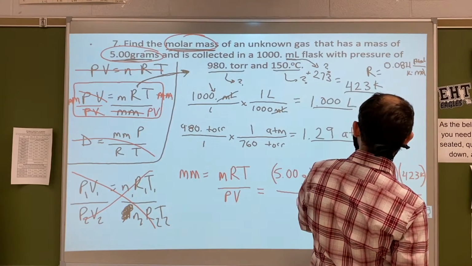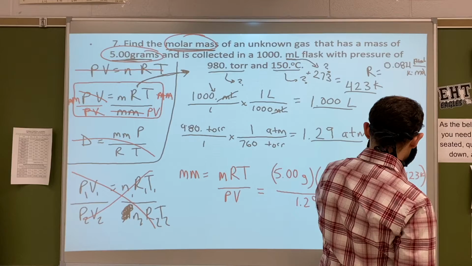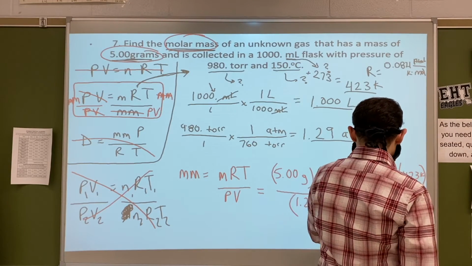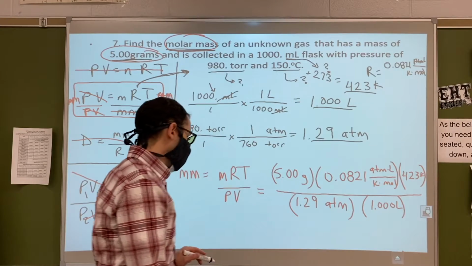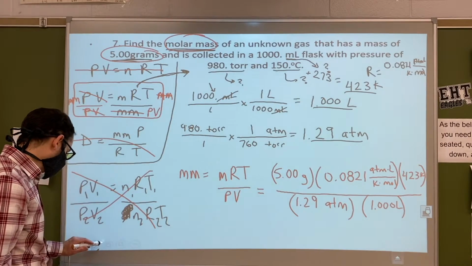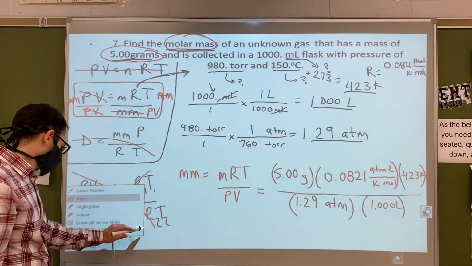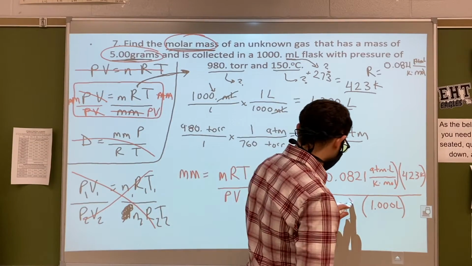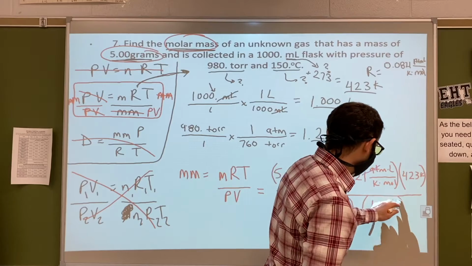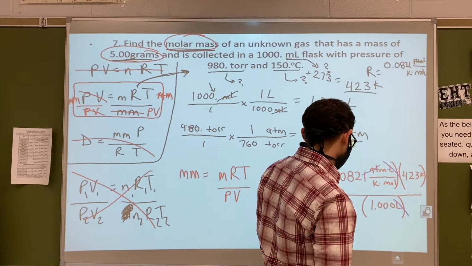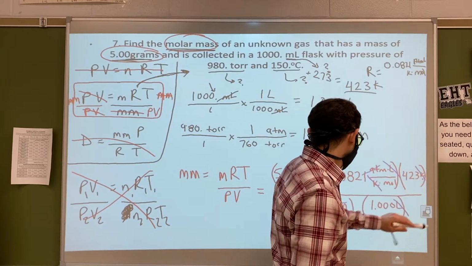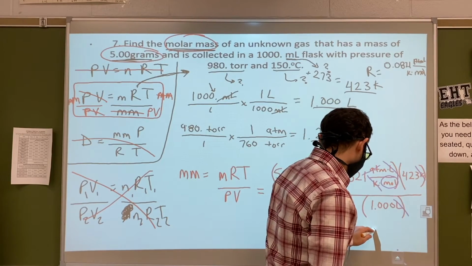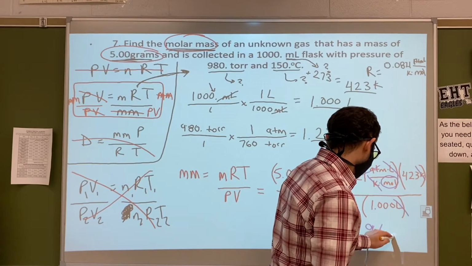And volume. Now let's cancel everything out that's the same on the top and the bottom. So we have ATM, we have liters, we have Kelvin, and that's it. Grams per mole. That's what we're looking for. Grams per mole.